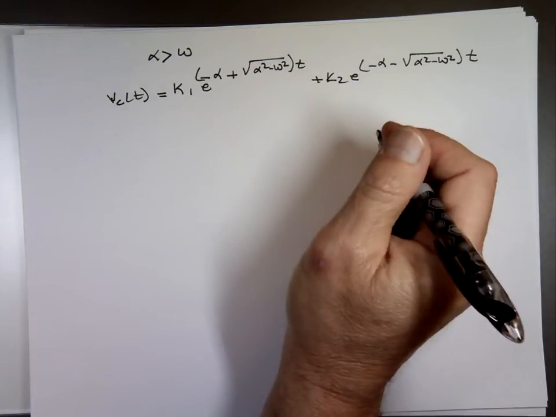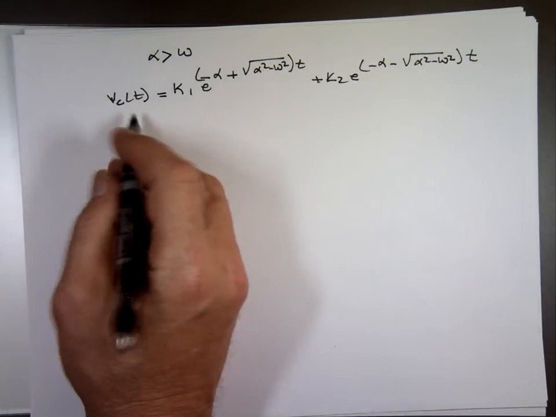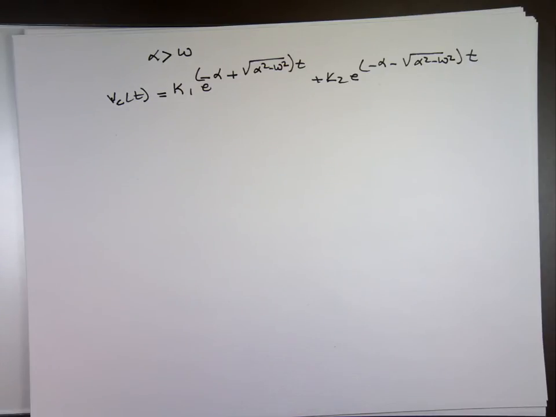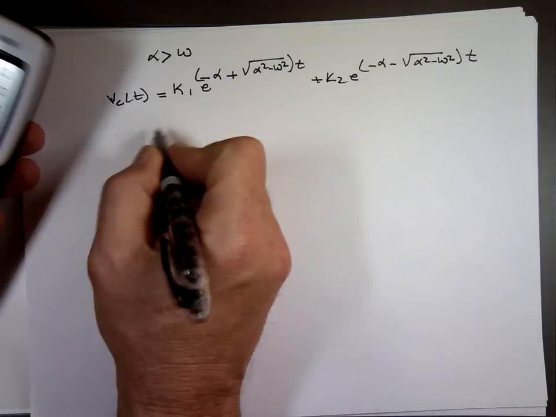Plug them in now. So let's see what's alpha squared minus W squared. W squared times negative 1 plus alpha squared, which is 8,333 squared. Take the square root of that one. Oh God, those are ugly numbers.